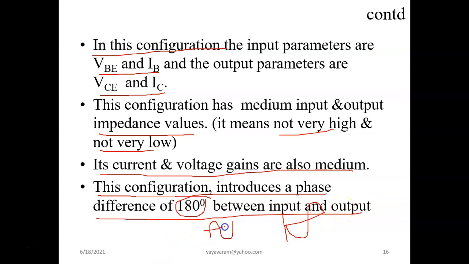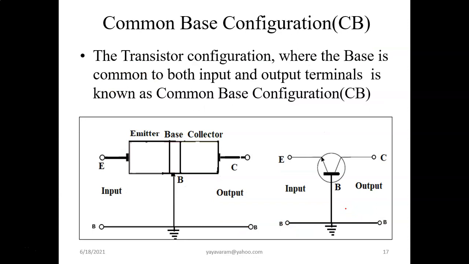We will discuss the reason while discussing amplifiers. Don't bother about it for now; just remember that a CE configuration always introduces a phase difference of 180 degrees between input and output. This is very important.